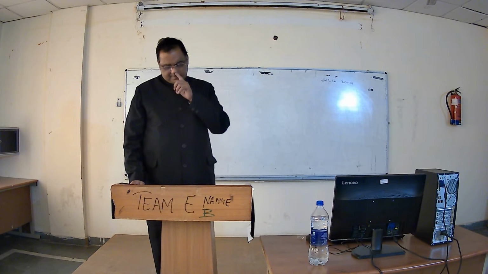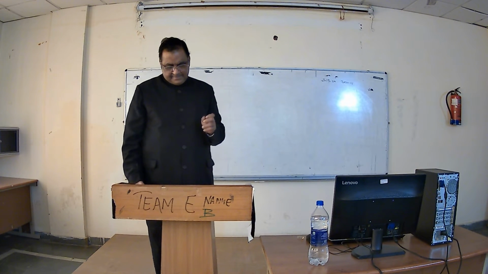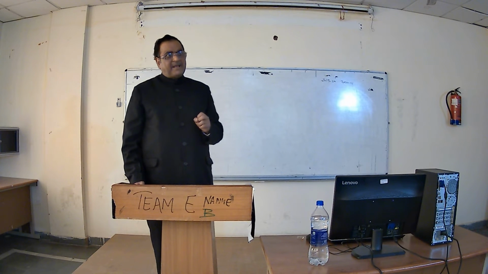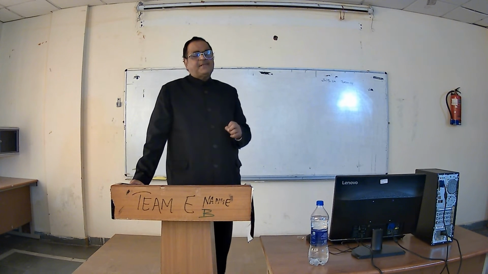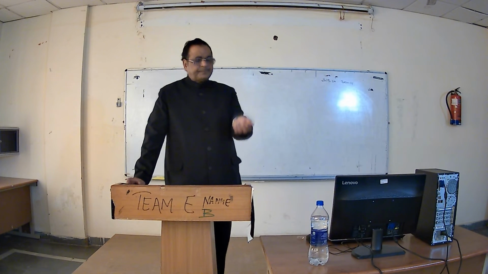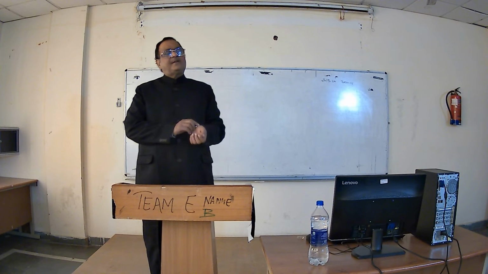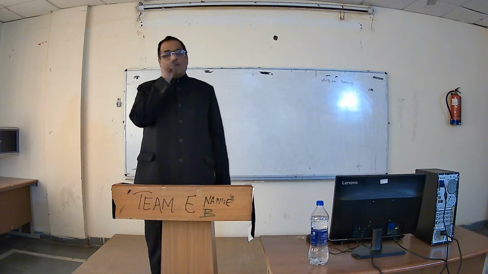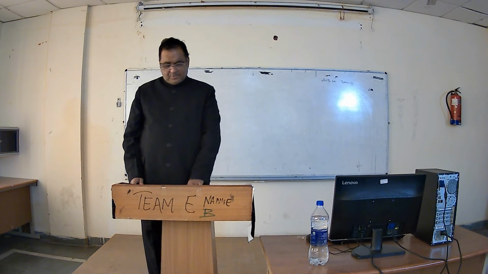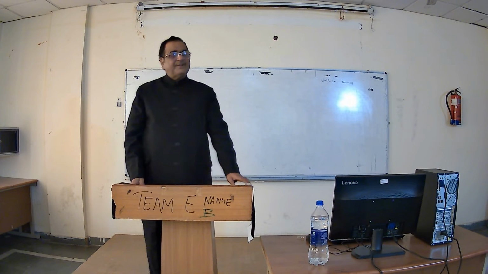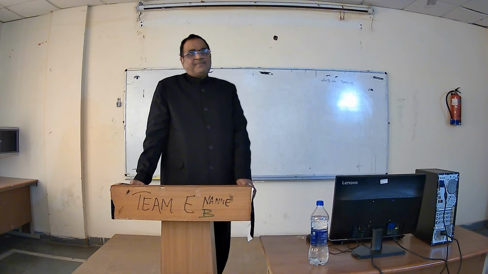Then second point, you will put the heading variable factory overhead cost per unit under normal conditions. What is the variable factory overhead cost per unit under normal conditions? This we have to find out. There is a formula.